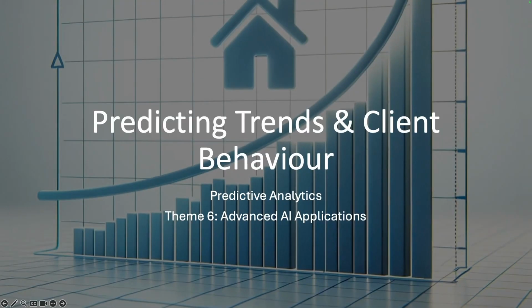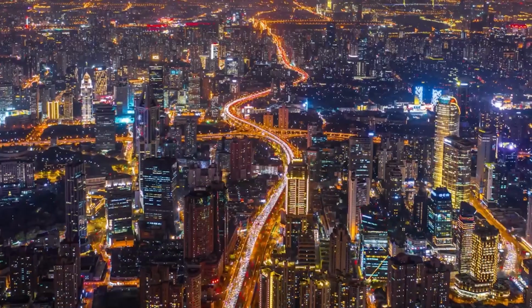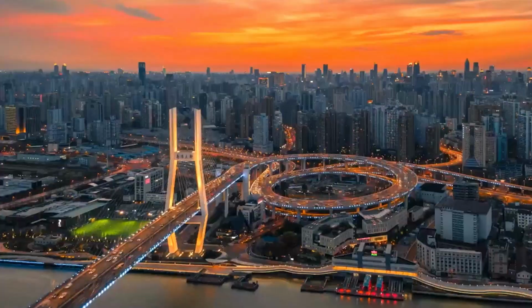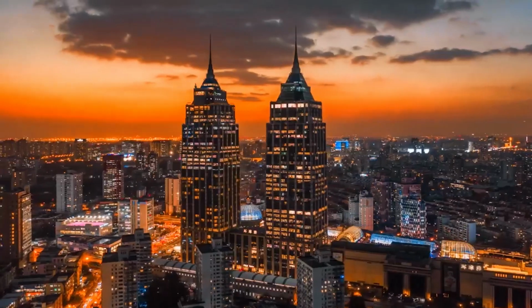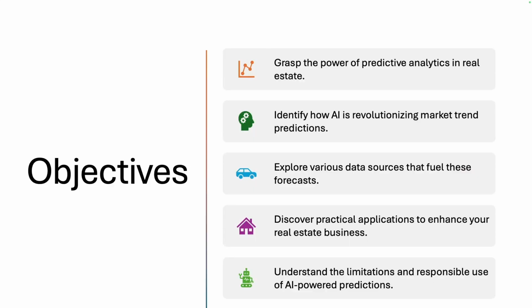In today's session, we'll be looking at predictive analytics and trying to use AI solutions to predict trends and client behaviors in the real estate industry. So the objectives from today include grasping the power of predictive analytics in real estate. This is the key one. Identifying how AI is transforming market trend predictions.